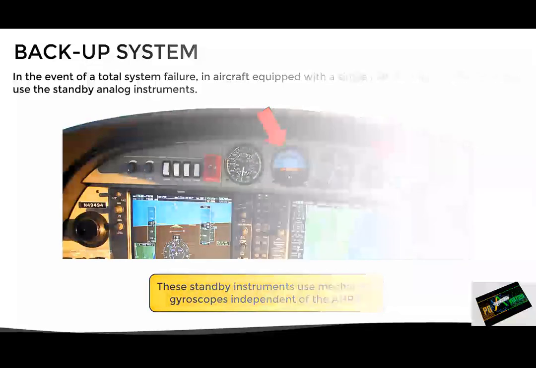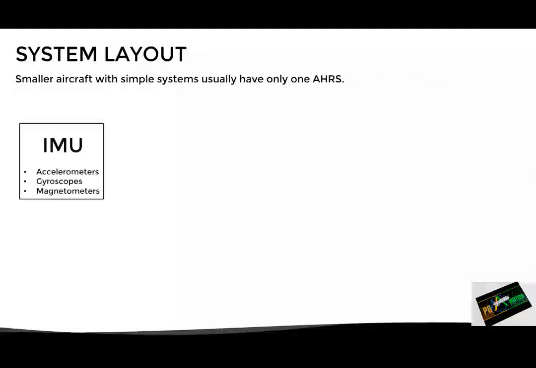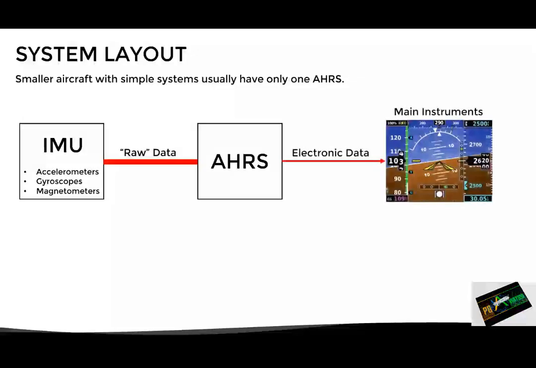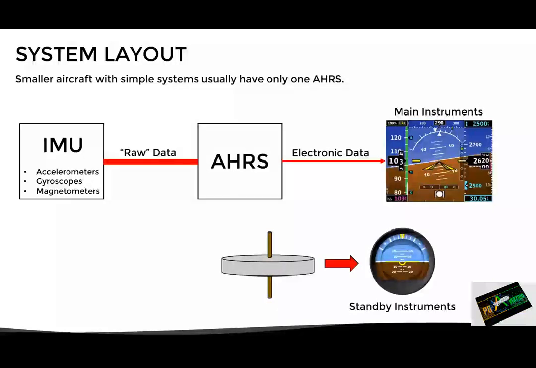Now, talking about the system layout, smaller aircraft with simple systems usually have only one AHRS computer. In this case, the IMU sensors send the raw data to the Kalman filter and processor of the AHRS, and then the unit sends the processed electronic data to the relevant instruments. And separately the standby instruments are driven by mechanical gyroscopes.